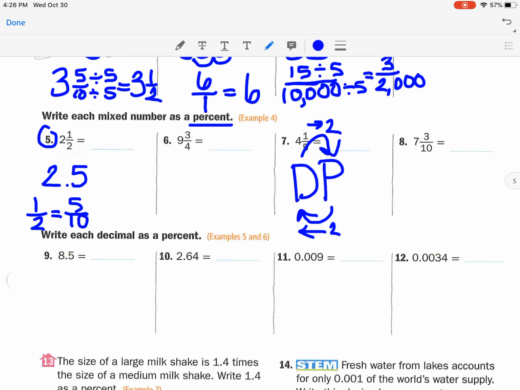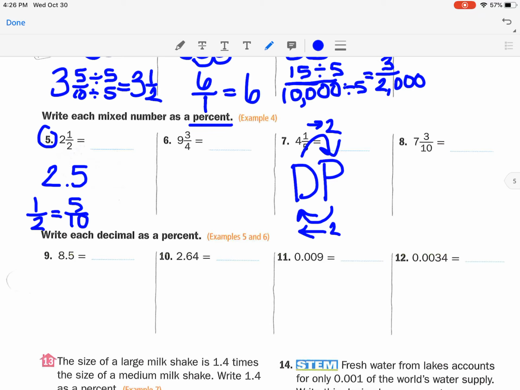Okay, we're going to take a look at 9 3/4. So 3/4 is easy because 3/4 is just like quarters, which means I have 9 75/100ths. Because I have 9 75/100ths, and I'm going from a decimal to a percent, I'm going to move my decimal point 2 places to the right, which gives me 975%. All right, 7 3/10.